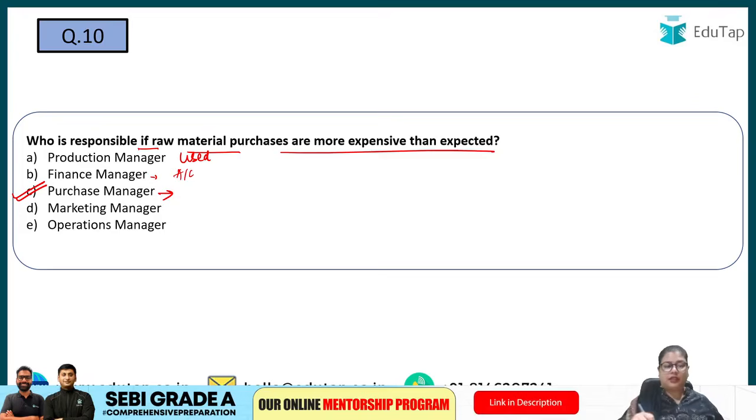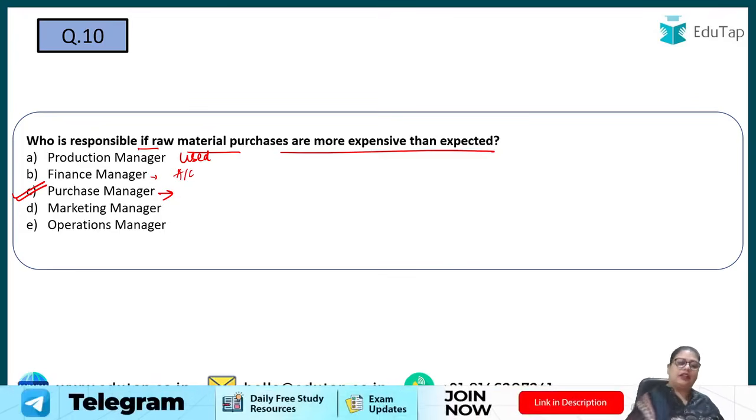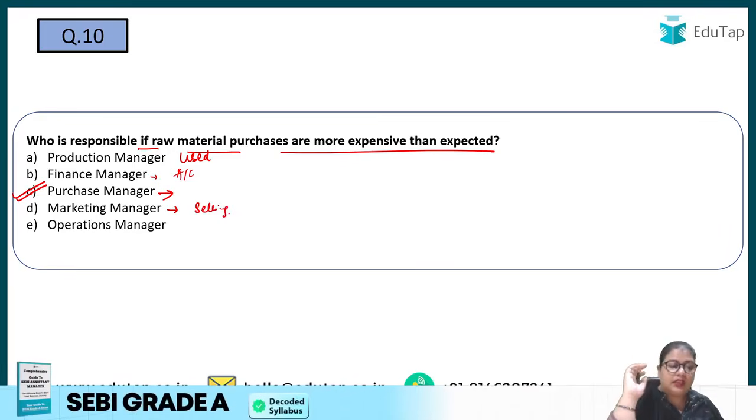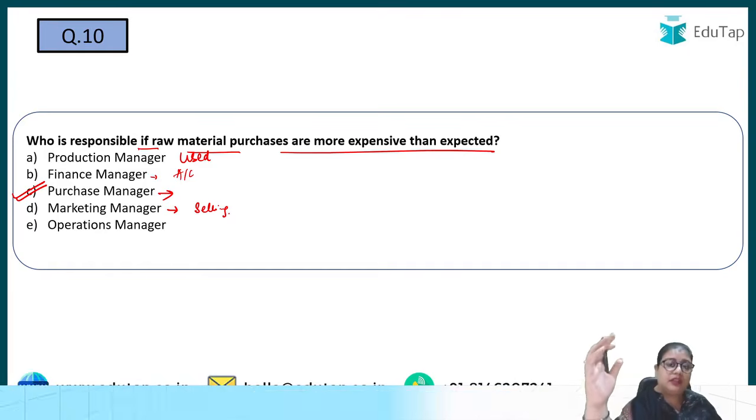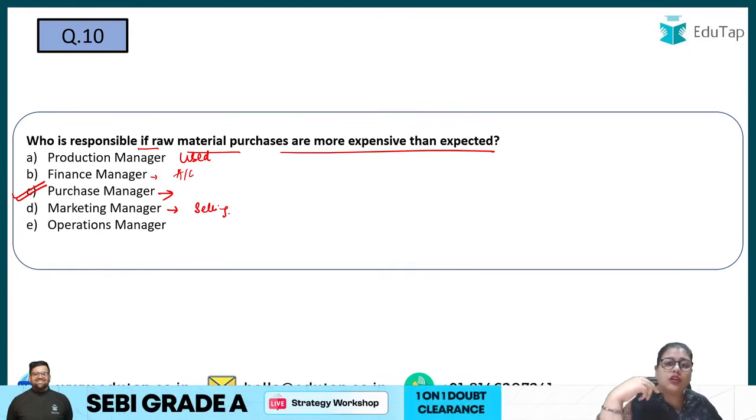Then the marketing manager is basically held responsible for selling. That means when he's going to the market for selling the finished products, it's not related to any production or purchases. Then the operations manager will say, I am handling the whole production department, how the workers are doing and what activity they are performing.